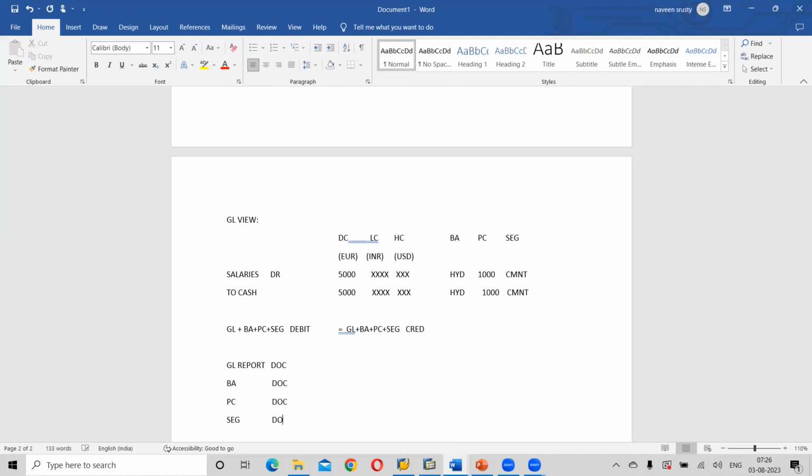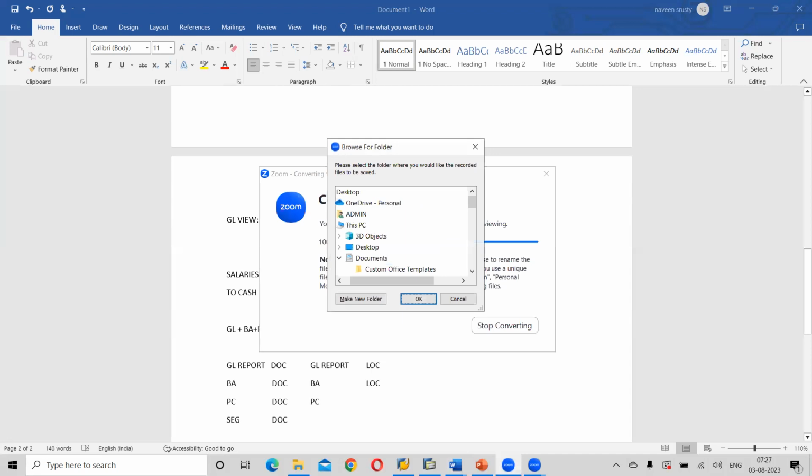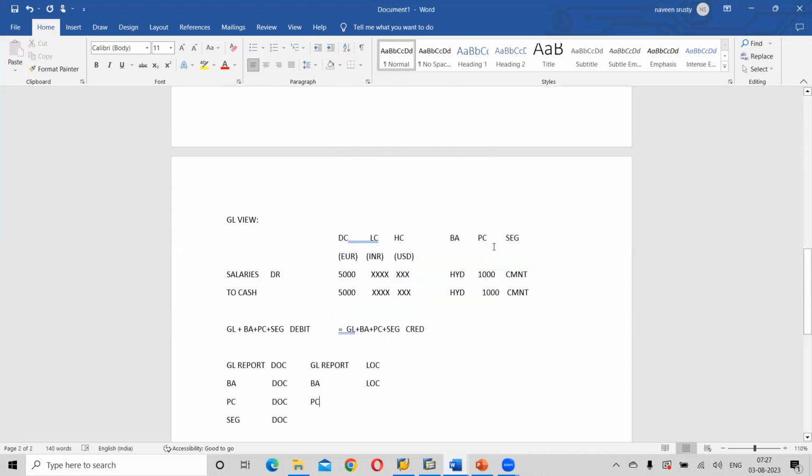Next, the same thing with local currency: GL report, business area report, profit center report, and segment report with local currency.